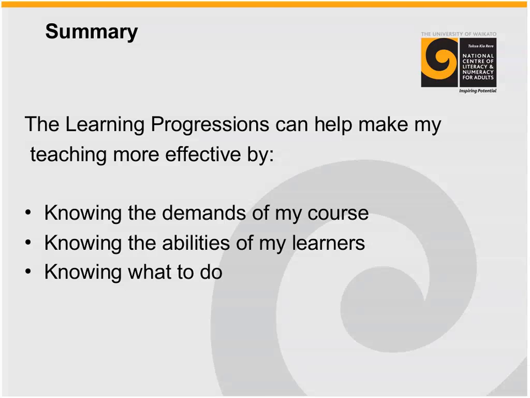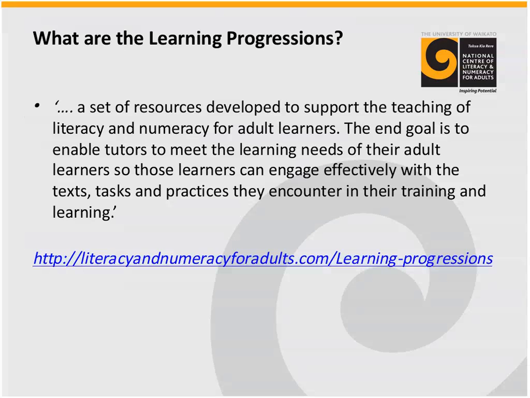Finally, in terms of a specific quotation, again from the website of Literacy and Numeracy for Adults, on the same page, under all the learning progressions, you can find more information there.